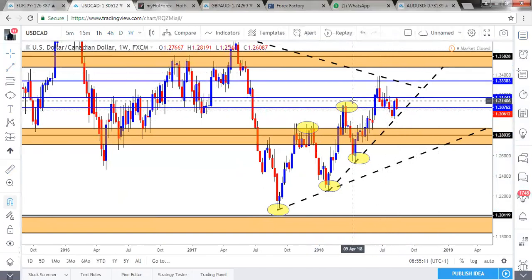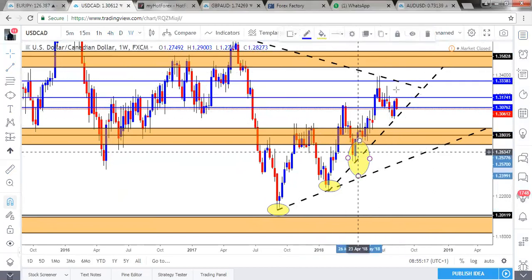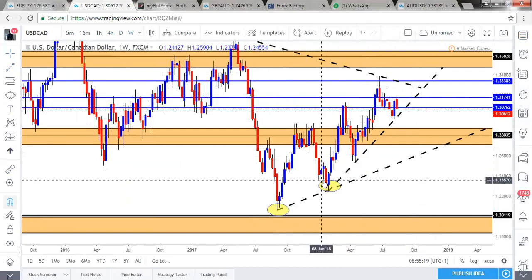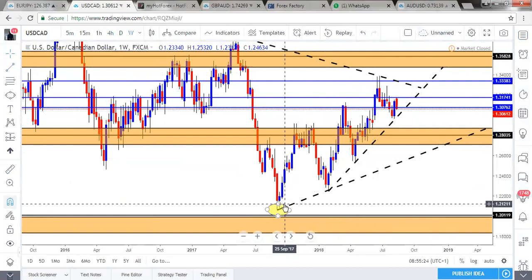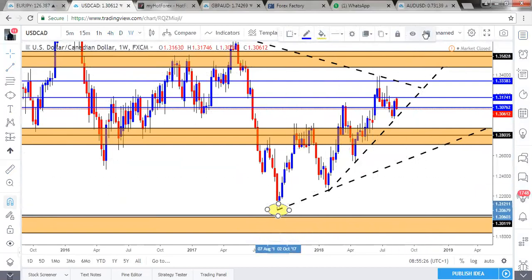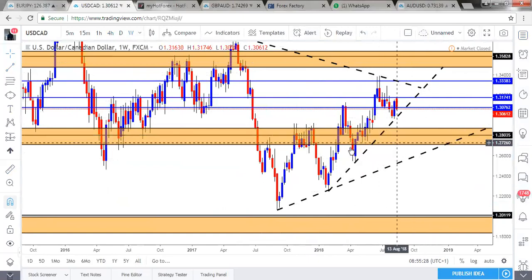When it forms a lower low, then we know, okay, that trend has ended. But for now, this particular pair is still on an uptrend, looking at the weekly chart, USD CAD. So you don't want to be selling at this point till you get confirmation it has broken the previous low.